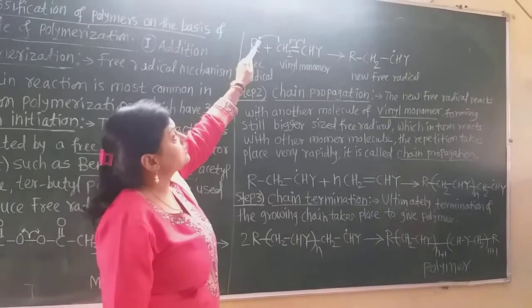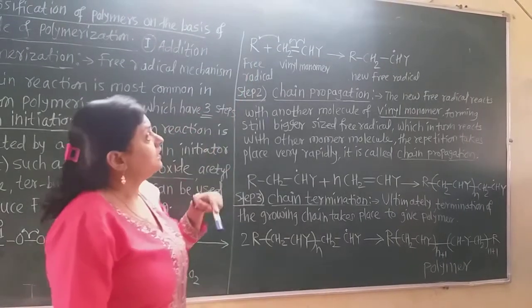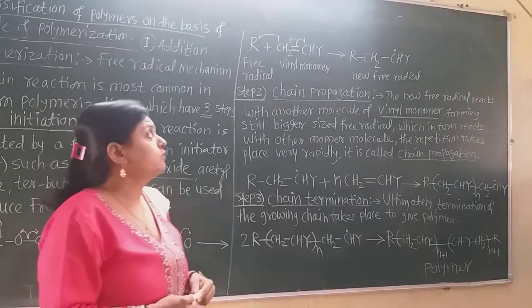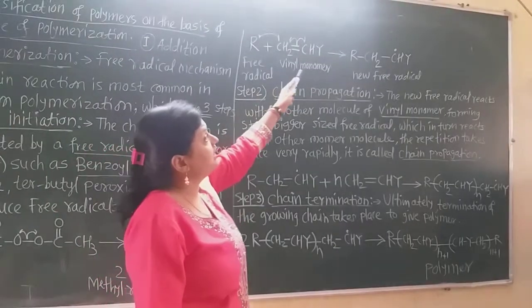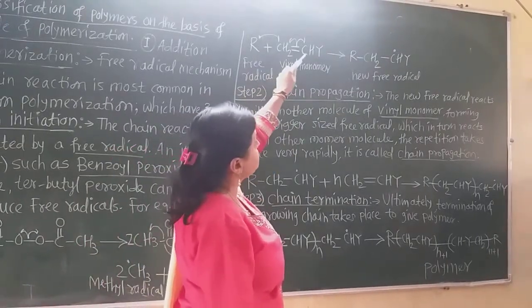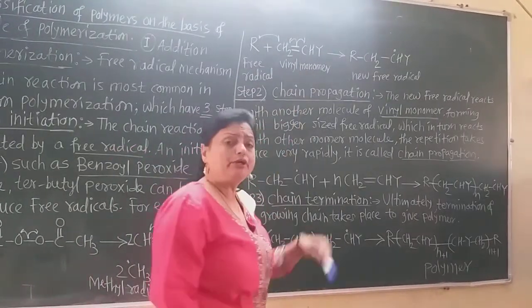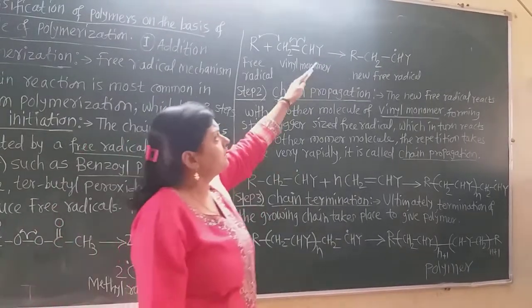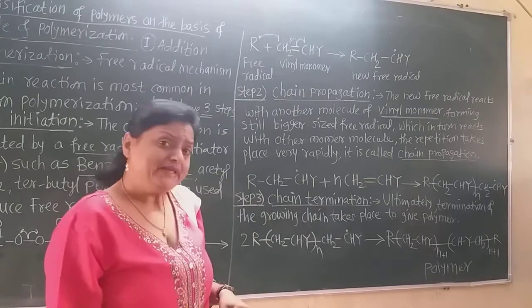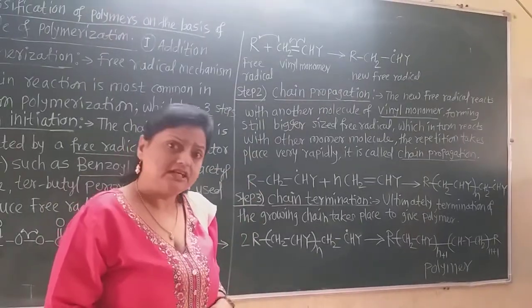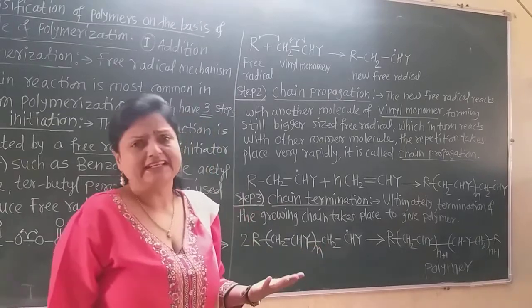Now here this odd electron is there. Now take a monomer molecule. Suppose this is the vinyl monomer. You know the vinyl grouping, CH2 double bond CH, and this Y may be chlorine or it may be cyanide. So I show here capital Y. That means this vinyl monomer is of any type, that is vinyl chloride or vinyl cyanide.